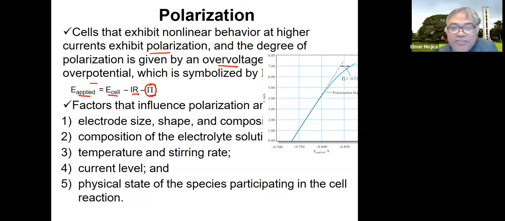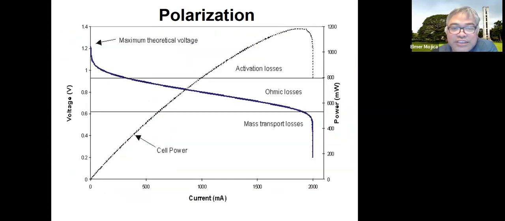Okay. And we can always look at this in terms of this one. So kapag meron kang polarization, so you have here what? So ito naman yung kabaliktaran. You have a voltage and the current.